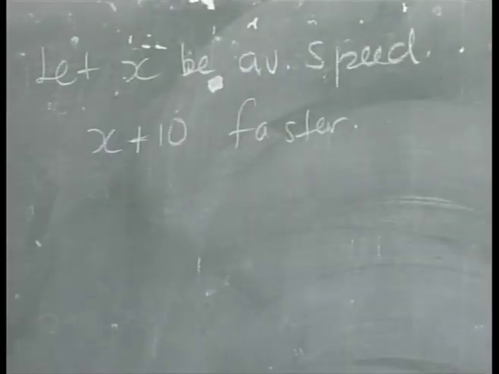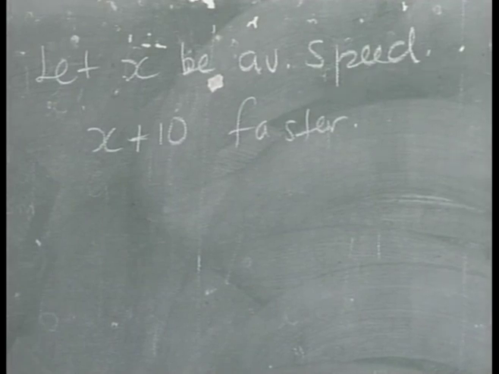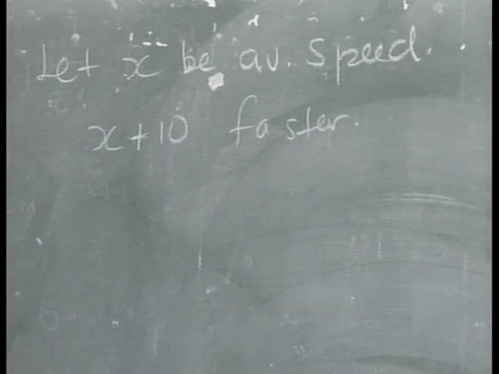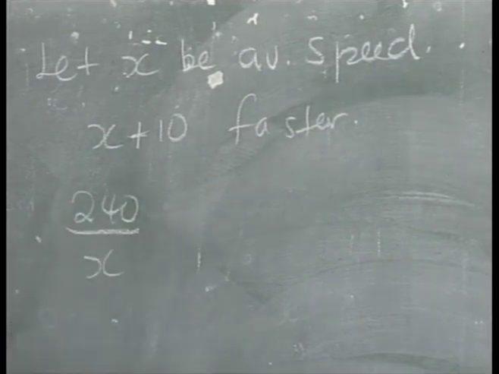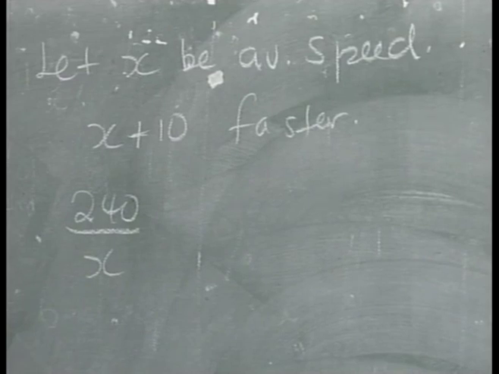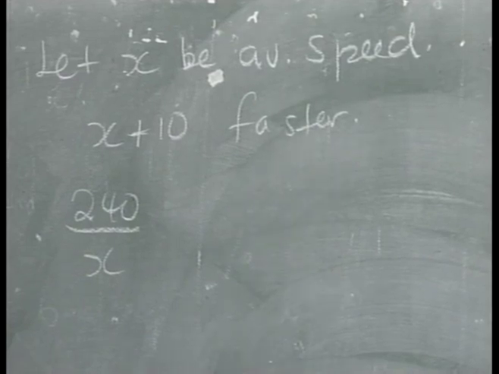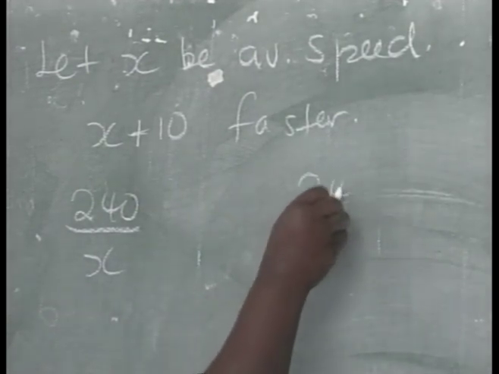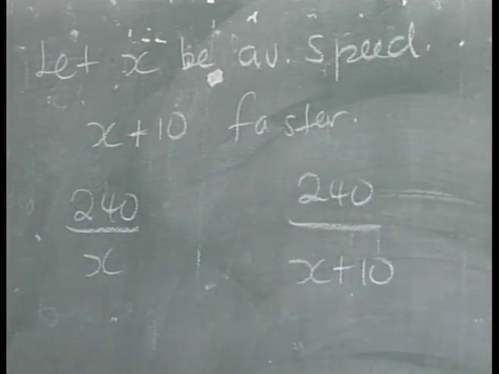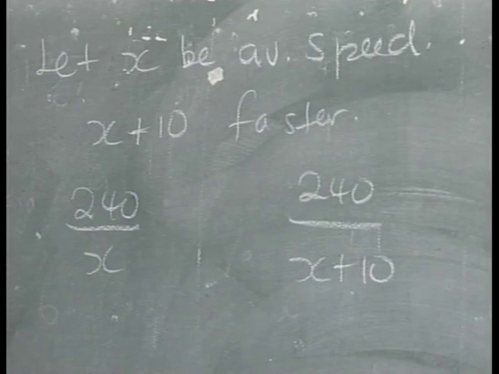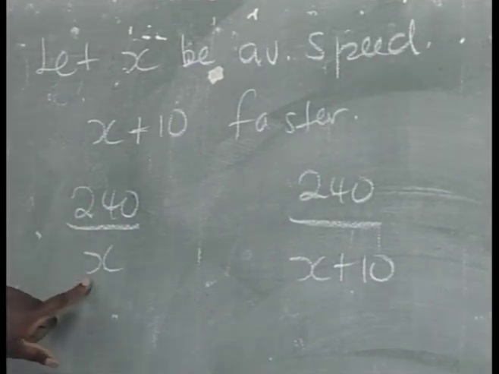It's supposed to be faster. Then it says it would have taken this train 2 hours less. All right, 240 divided by x was supposed to be the time. Okay, but when he traveled faster, it took him less. The other time is 240 over x plus 10. This one is 240 over x.